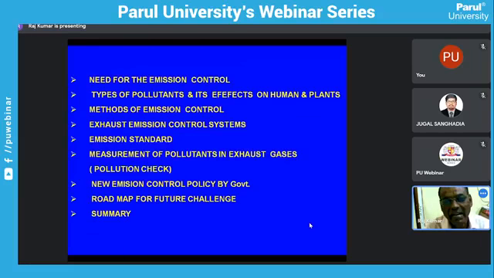In Chandigarh, as we have seen in recent news, it is also one of the most polluted cities, where the government has installed air purifier towers to purify the air.